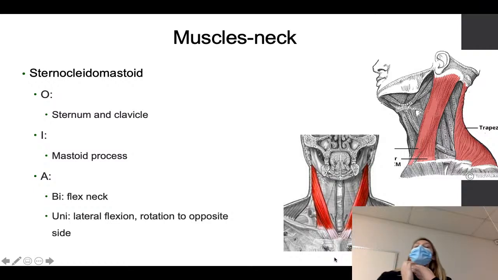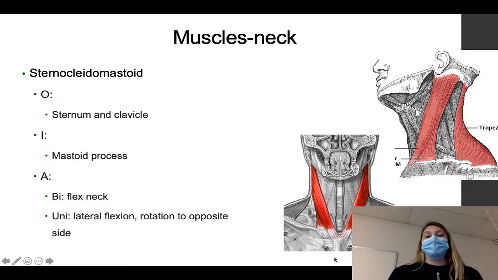So this is that muscle, if you've ever flexed your neck and those two muscles have popped out in kind of a V shape, that is your sternocleidomastoid. So actions, you will see bi and uni. Bi means bilateral. That means when both sides contract at the same time. Versus uni is unilateral, when only one side contracts.